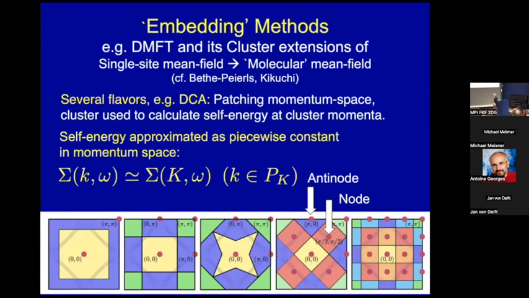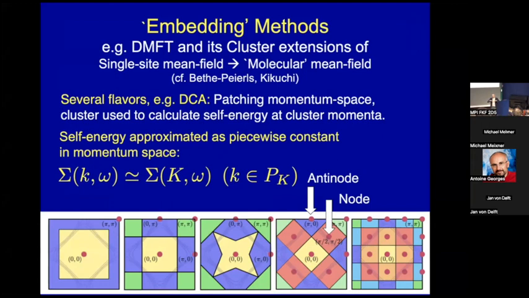Very briefly, the thing I would like to say is that these cluster methods, for example, amount to discretizing the Brillouin zone into patches in which you approximate the self-energy as being constant over a patch.